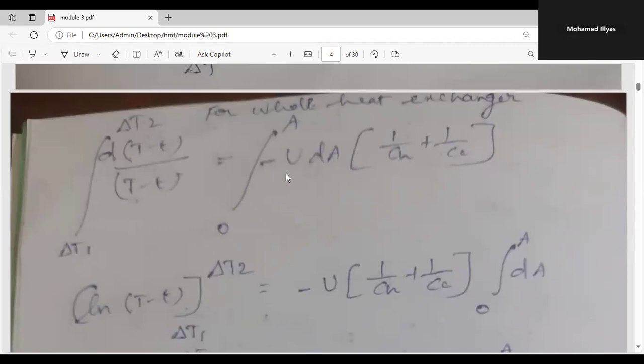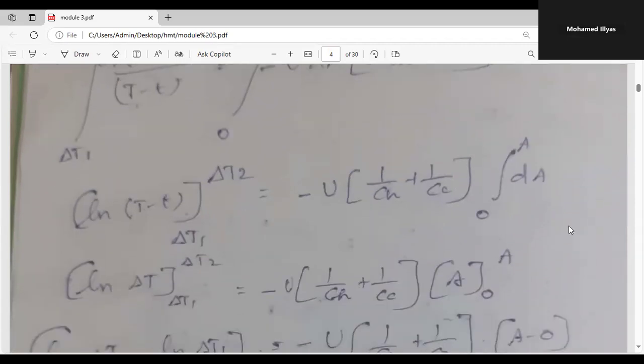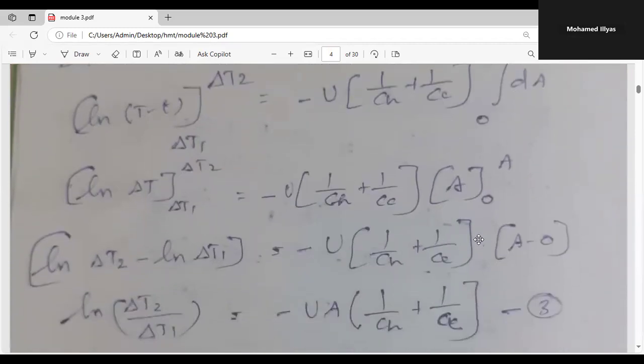Similarly, this U and ch, cc remain constant here. Take them outside, and we can integrate this dA, and this (T minus t) can be written as delta T, as we are seeing in this temperature distribution diagram. And this dA can be integrated. This will be A with its limits 0 to A here.